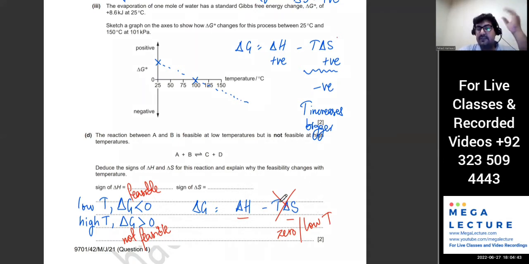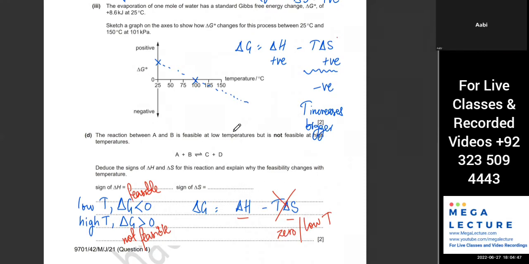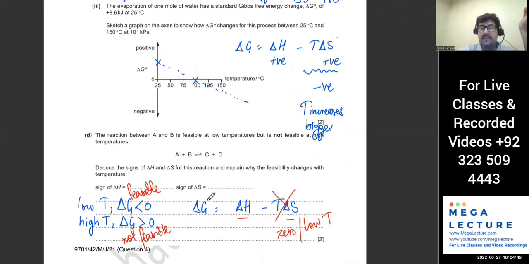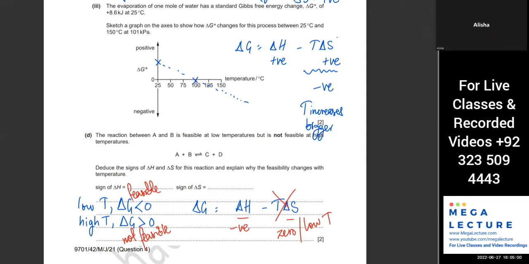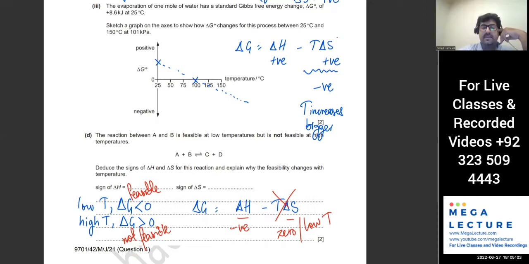Let's say the temperature is so low, it's 0 kelvins. This term disappears. And he's saying that the reaction is feasible at low temperatures. That means delta G must be negative. The only way it could be negative is that delta H is negative. Do you understand this part? Does everyone understand?